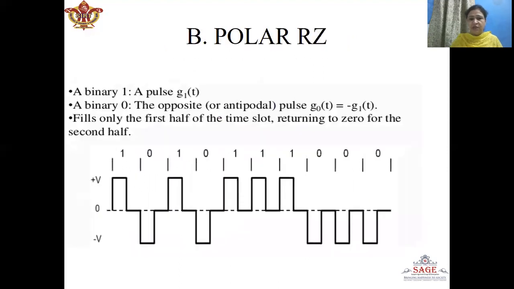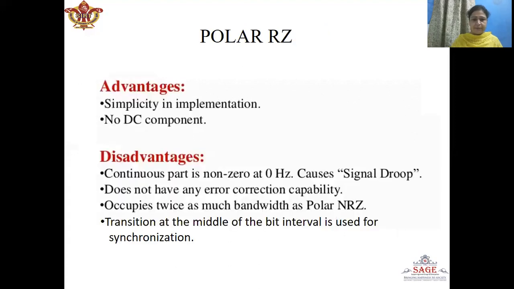Now coming to polar return to zero. Here the binary one is represented by plus V voltage for half of the bit interval and 0 voltage for the second half of the bit interval. Whereas 0 is represented by minus V for half of the interval Tb and 0 for the second half of the interval. So it fills only the first half of the time slot, returning to 0 for the second half.